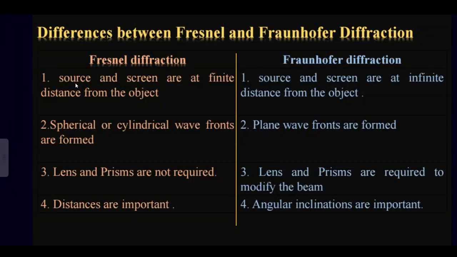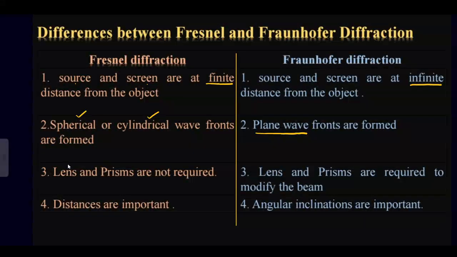In the Fresnel case, the source and screen are at finite distance, so you observe spherical or cylindrical wavefronts. In the Fraunhofer case, the source and the screen are at infinite distance. Since it is infinite distance, what type of wavefronts are formed? Plane wavefronts are formed.